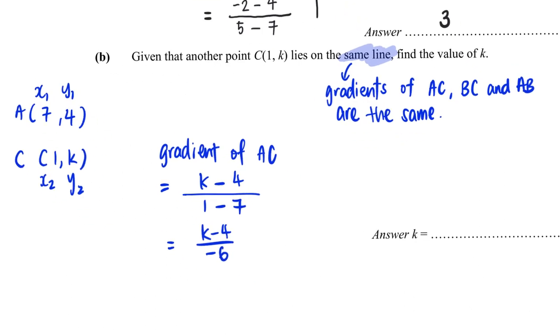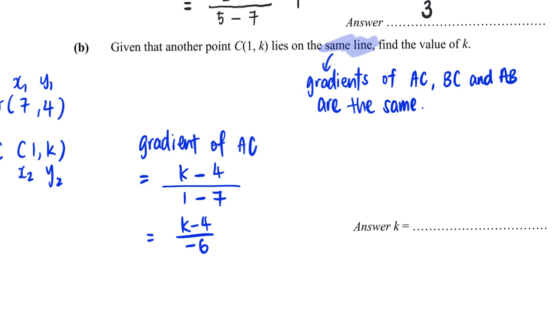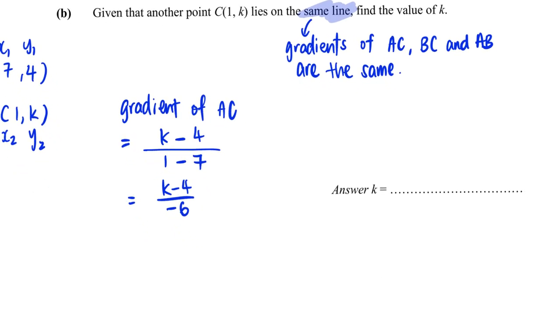And after which comes the thing, the gradients are all the same. So from here, my next line would then be k minus 4 over -6, this gradient is equals to 3. Because that is the gradient of AB, which we have found in part A. Then we just need to solve this equation.